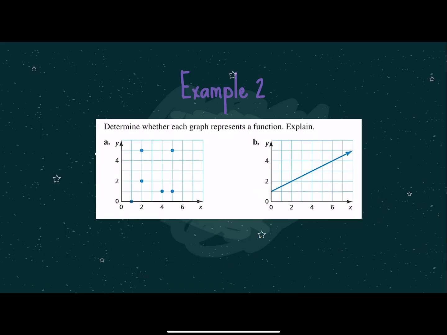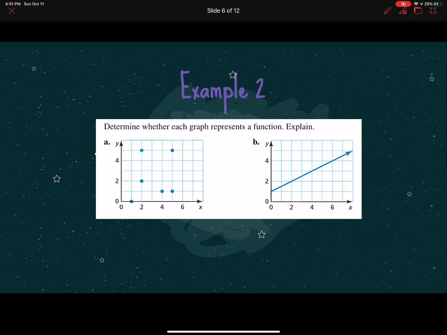Okay, let's look at example 2. Another way we could look at relations and functions in example 2 is using the vertical line test. So we have 2 parts here to example 2, and it says determine whether each graph represents a function.